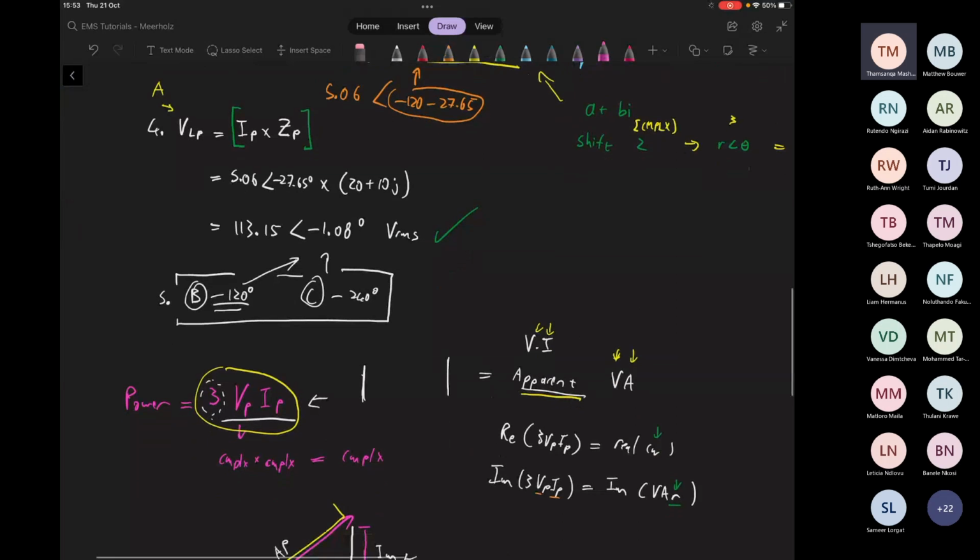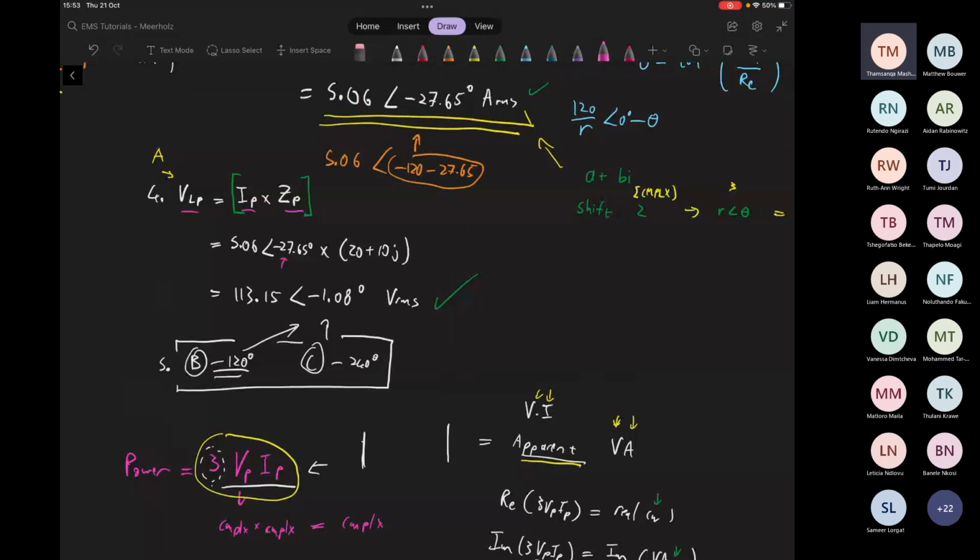For this part over here, when we're timesing the two of them, our current, this one, would become minus 127.65. And then because we're doing multiplication, our final answer here would just get an additional minus 120.